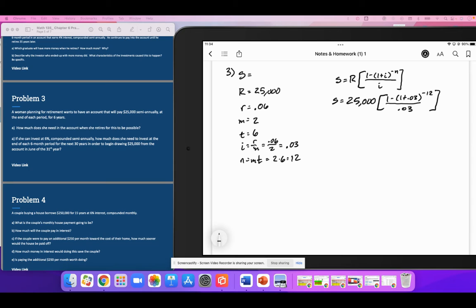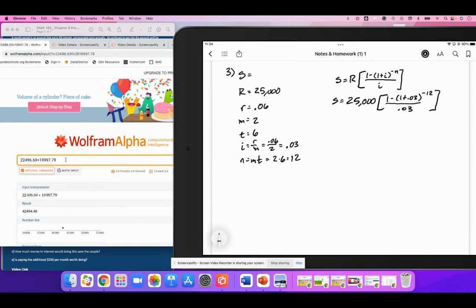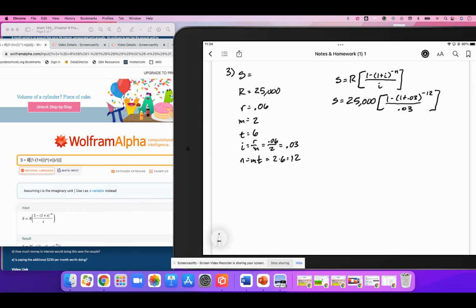And so I'm going to go over to my other deal here and copy my present value of annuity formula. We'll slap that into Wolfram. And I is 0.03. And N is 12.